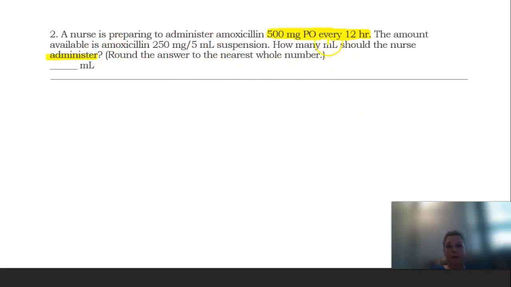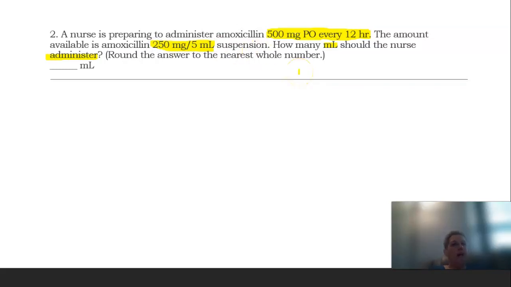But when I look down here, it's not asking me for milligrams. It's asking me for the milliliters.